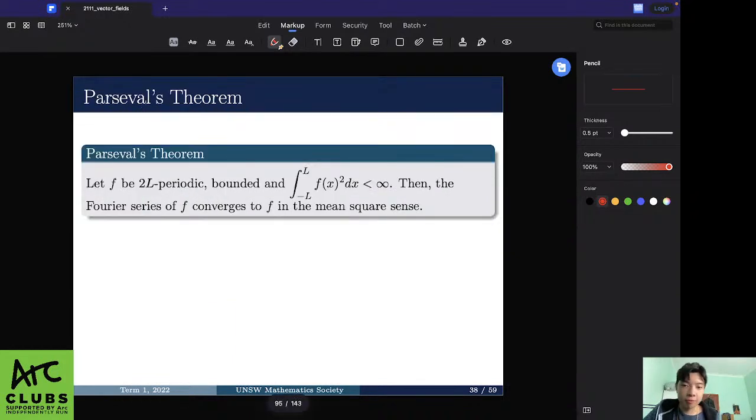We also have Parseval's theorem, and what it says is if a function is 2L periodic, it's bounded, and the inner product with itself converges, so if the integral of f times f from -L to L is convergent, then we say that the Fourier series converges in the mean square sense, or L squared sense.